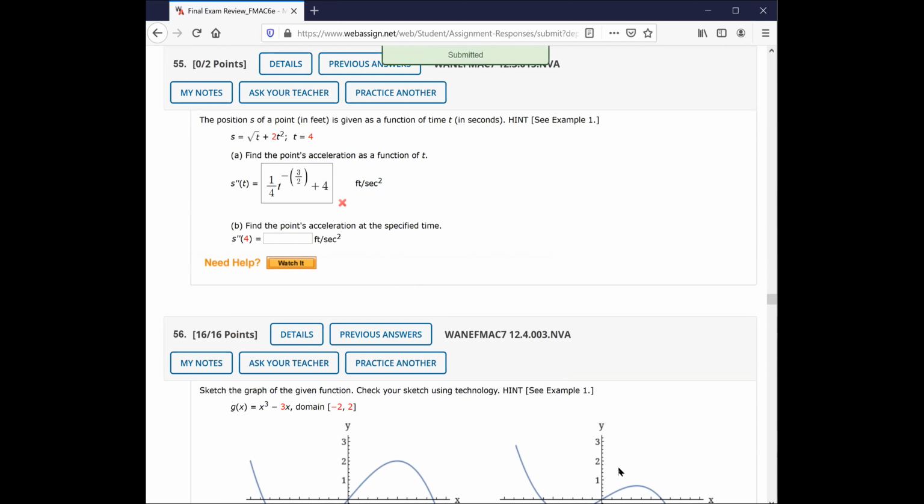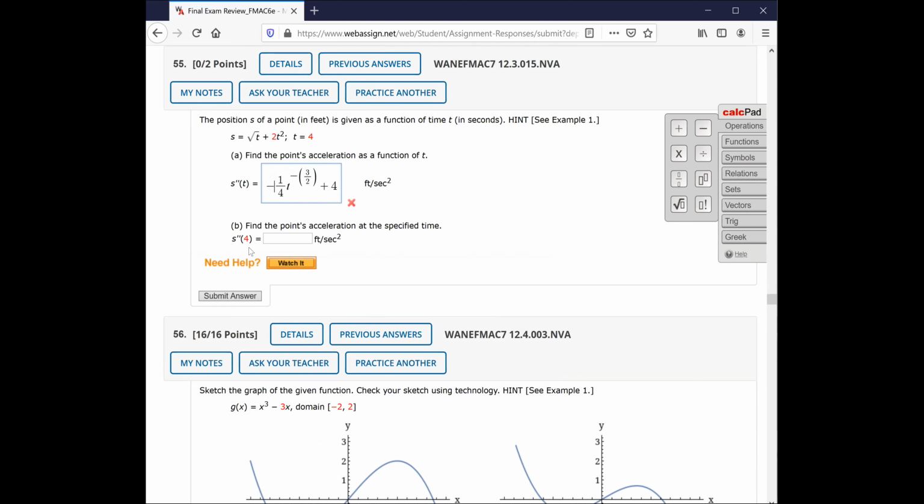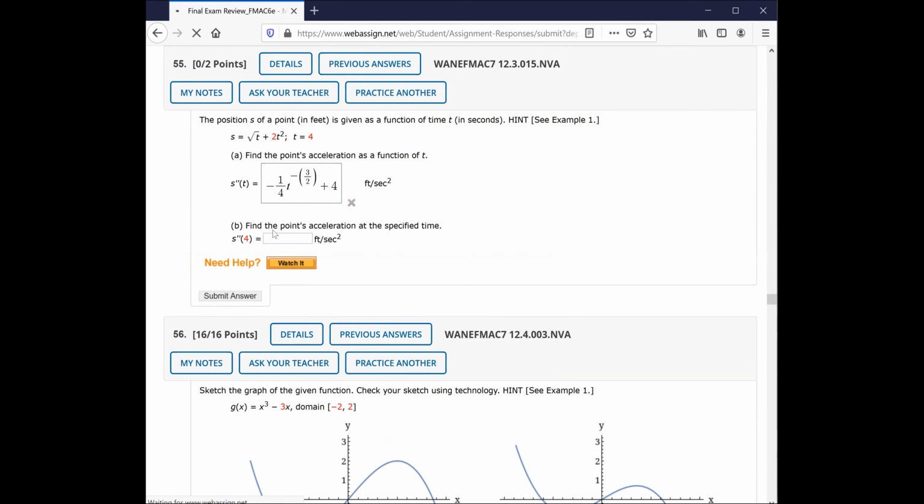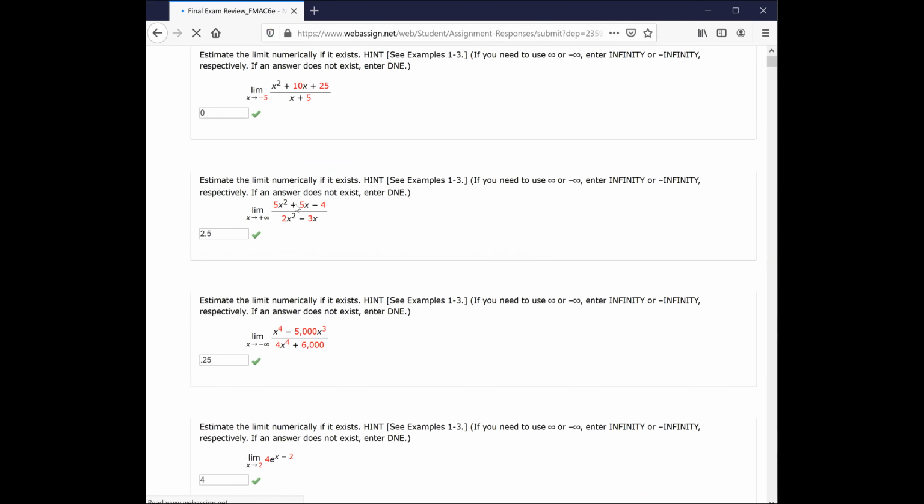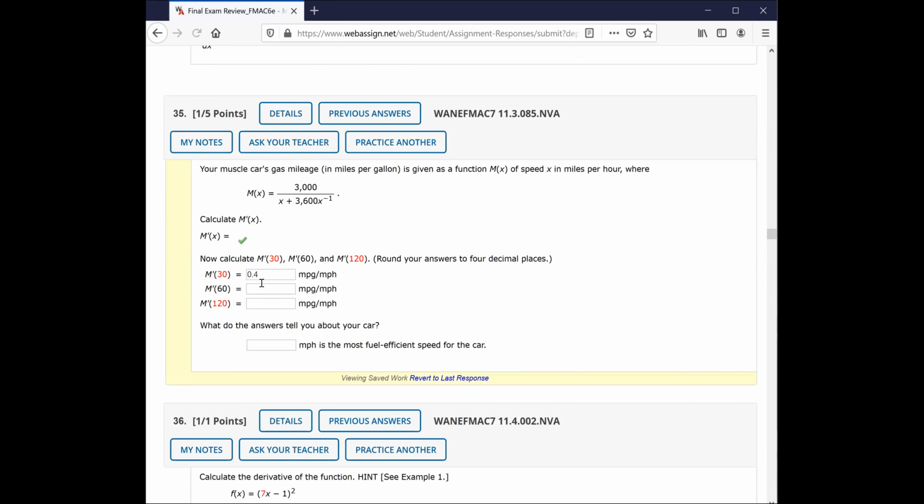Oh my goodness. Oh, I didn't put a negative out front. 3.97. It should be a perfect number because you're putting 4 in, and no, I'm wrong. It's not going to be a nice number.